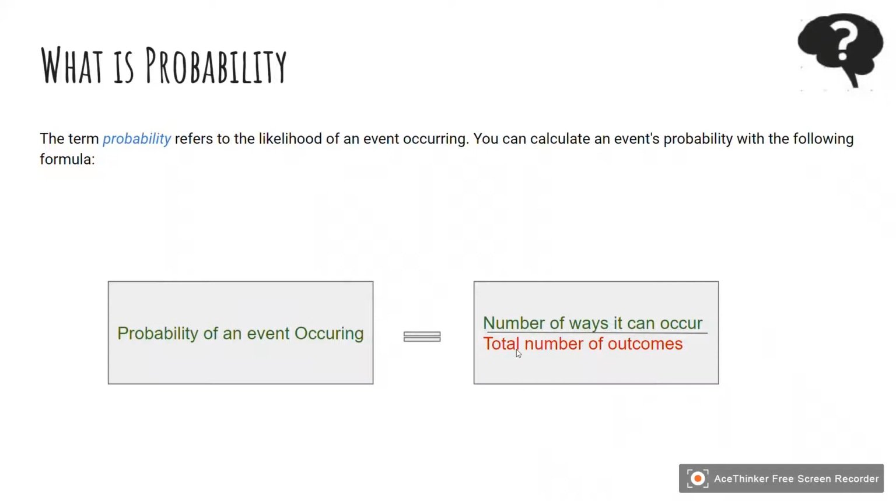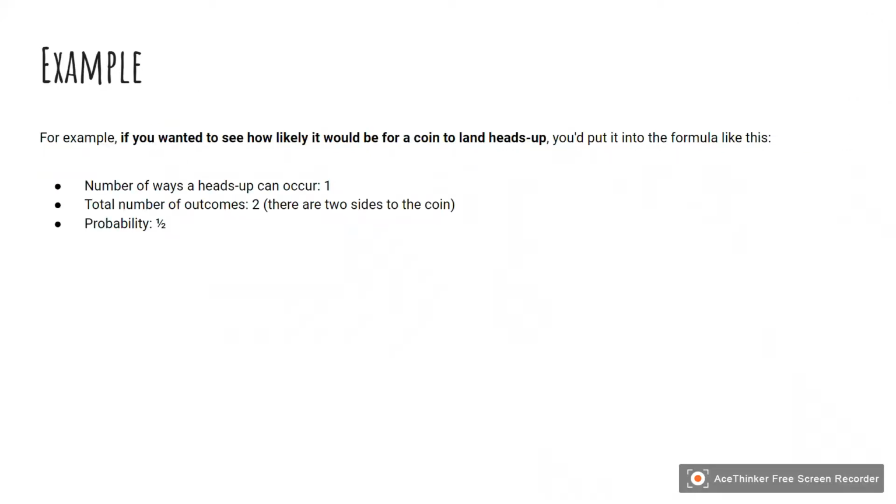What is the total number of outcomes here? When you toss a coin, either it will be a head or a tail, so the total number of outcomes is 2. The numerator is the number of ways it can occur. In our case we want heads, so out of 2, heads is 1. So it will be 1 by 2. So the probability is 1 by 2.